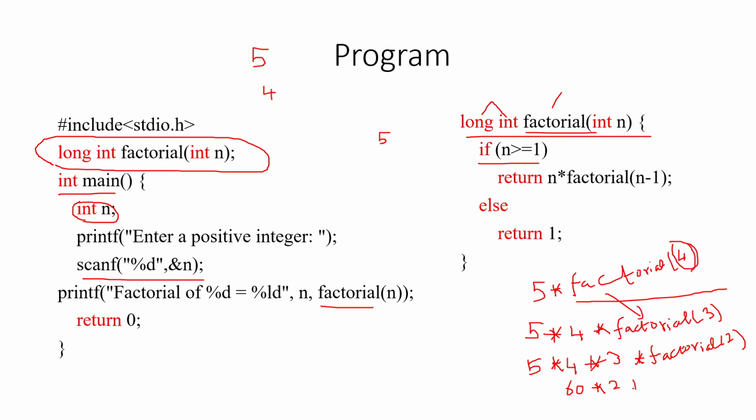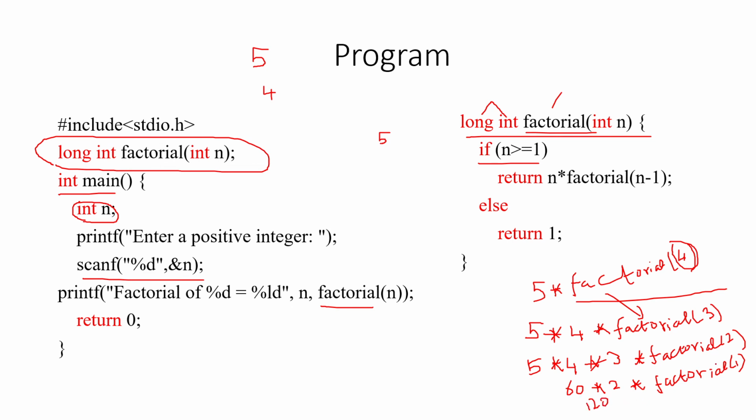So 60 into 2 into factorial of 1. Now n is 1, the condition is true again, and 60 into 2 is 120.